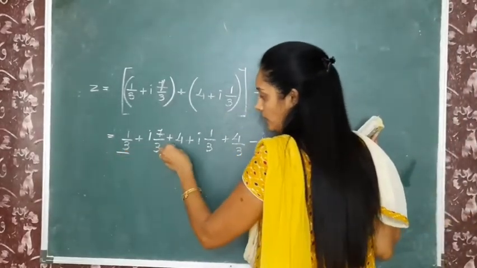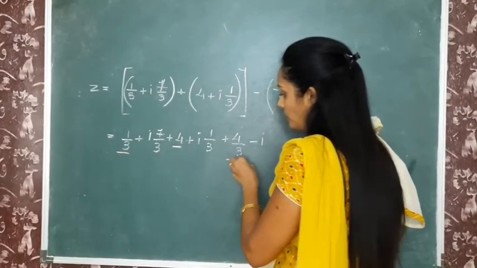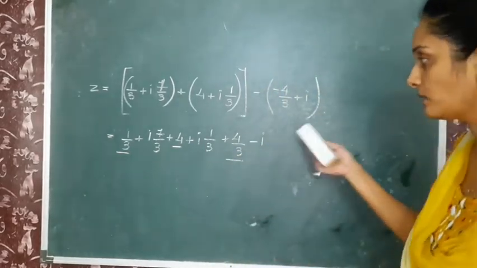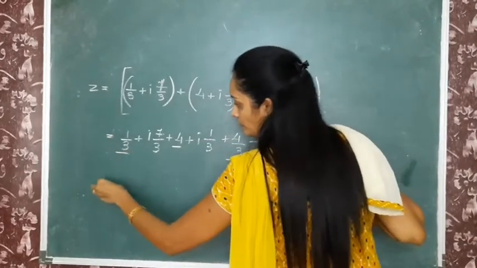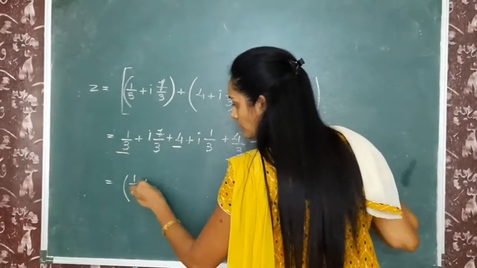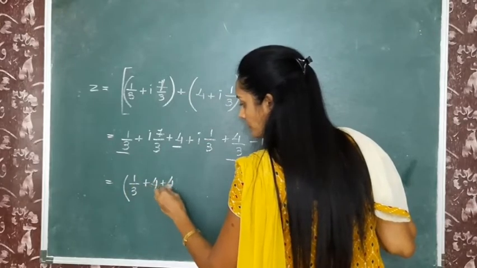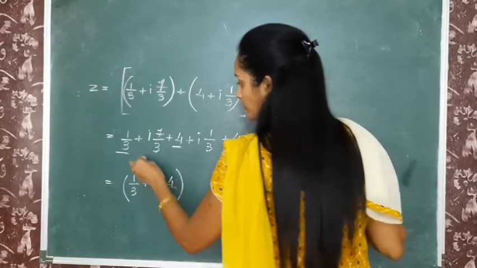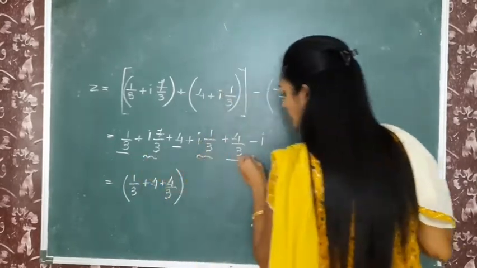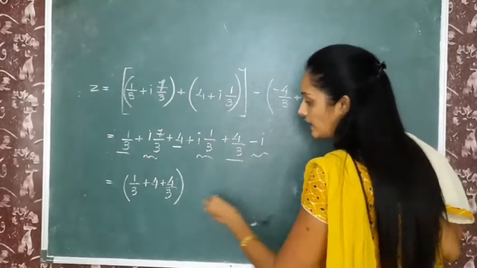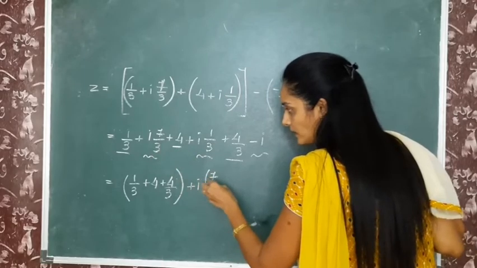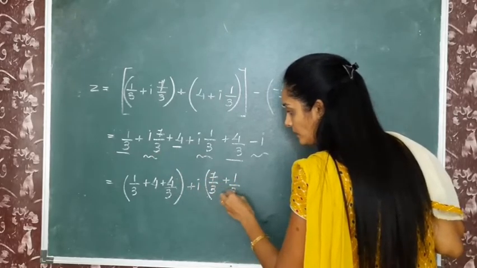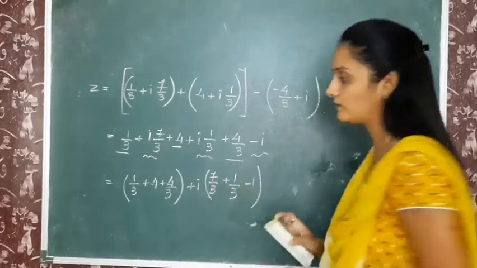So here 1 by 3, 4 and 4 by 3. These 3 terms are like terms, but these 3 terms are constant terms. So 1 by 3 plus 4 plus 4 by 3. From these 3 terms we can take i as common. So here i, 7 by 3 plus 1 by 3 minus 1.